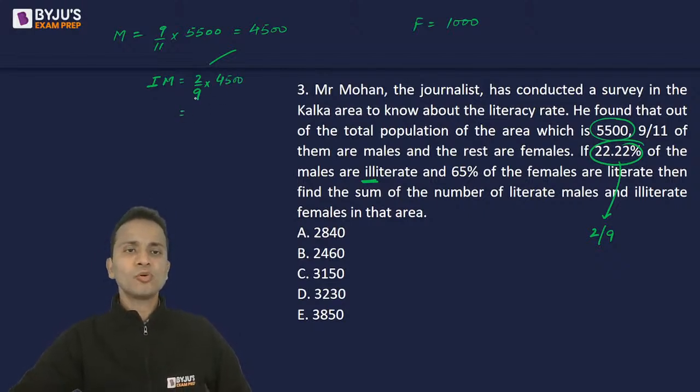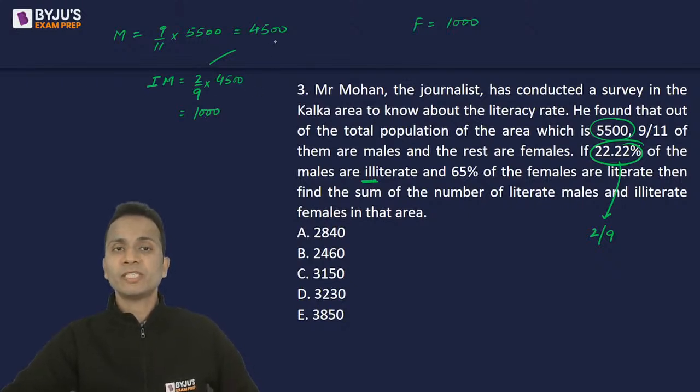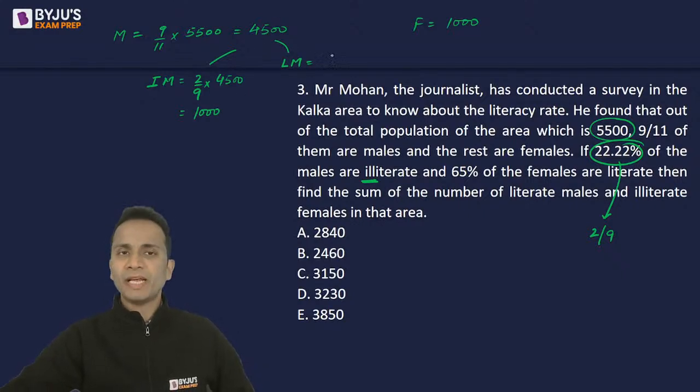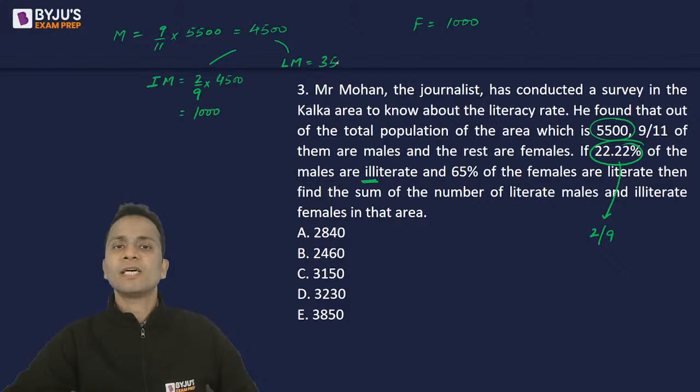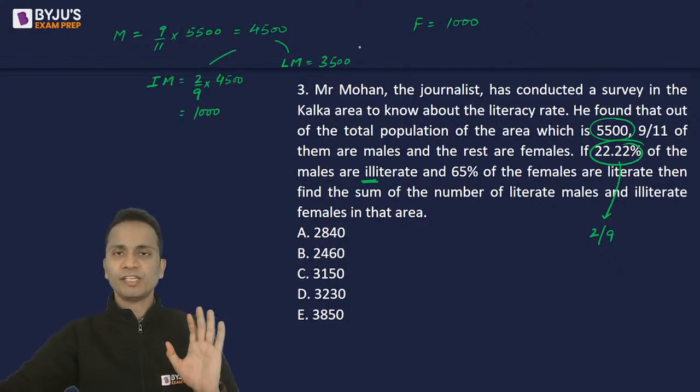Again, I'll use the fractions. So 2 by 9 of 4,500: 500 into 2, that is 1,000. So 1,000 males are illiterate. The remaining males will be literate. So the number of literate males will be 4,500 minus 1,000, that is 3,500. Done. The first part.